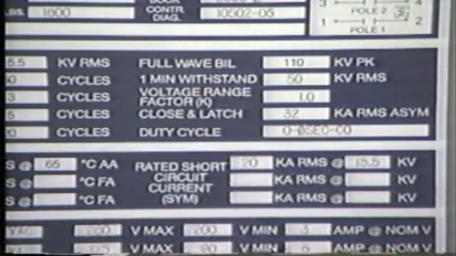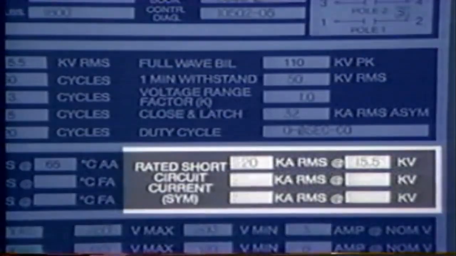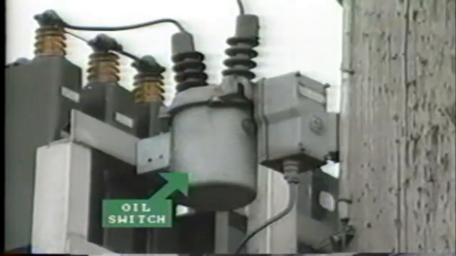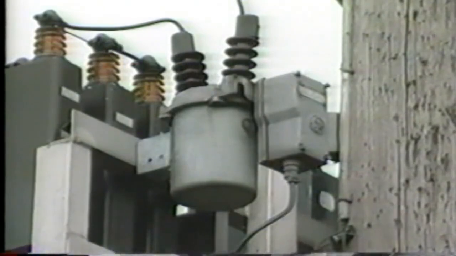The important factor to remember is that the circuit breaker is capable of interrupting fault currents. There are many other switching devices, particularly in use on the distribution system, such as reclosers, sectionalizers, and oil switches. But in general, these are capable of very limited fault interruption.